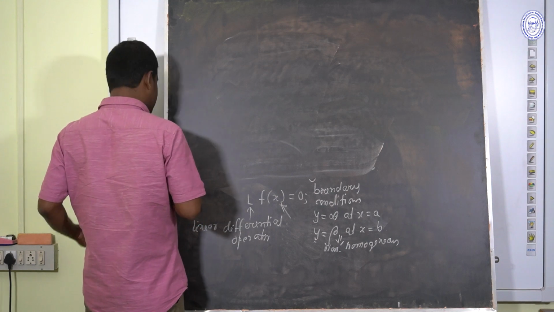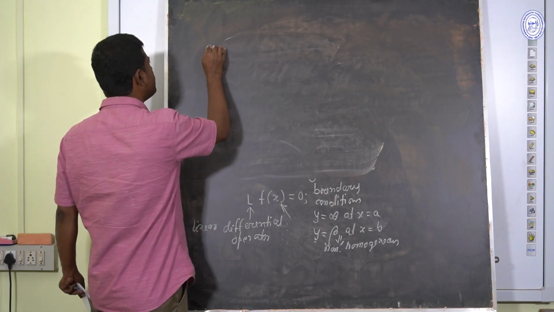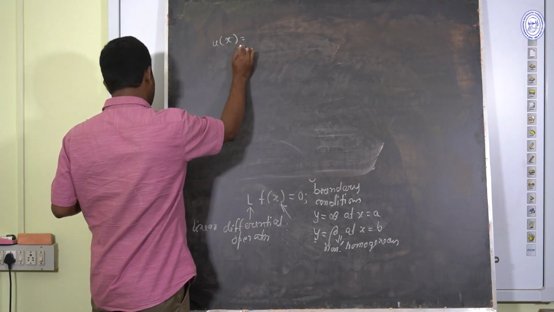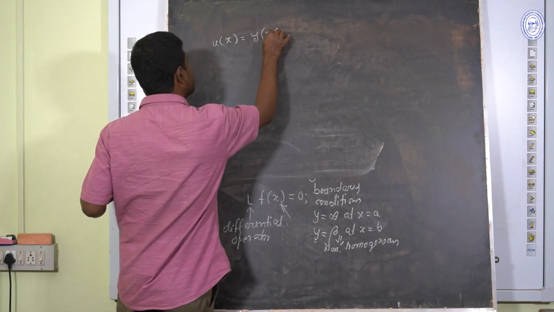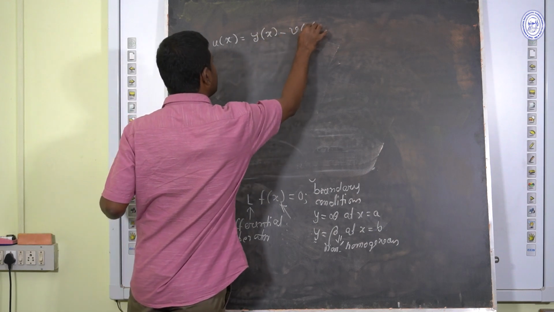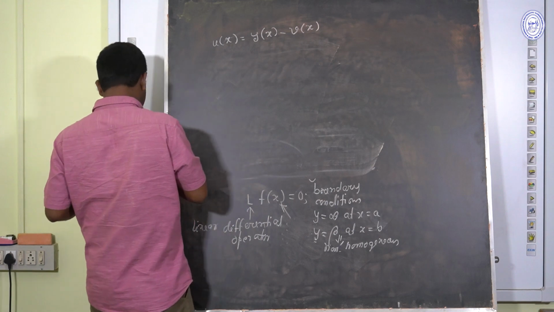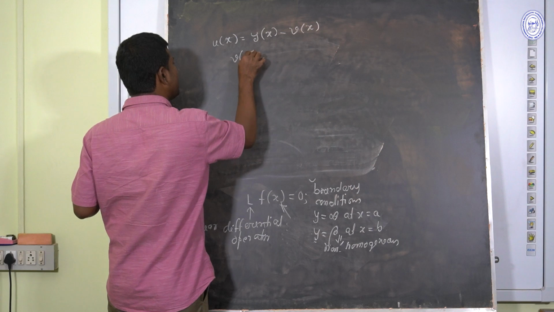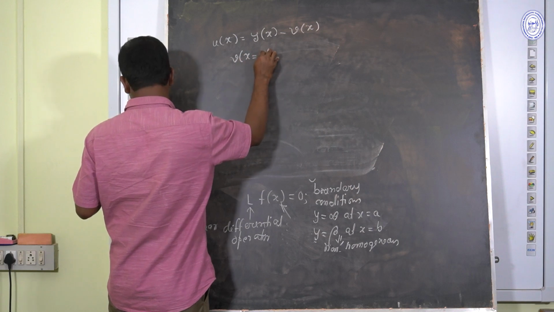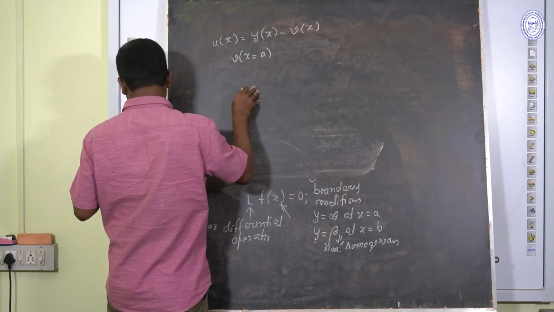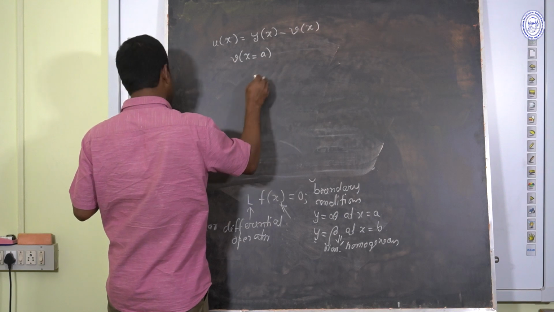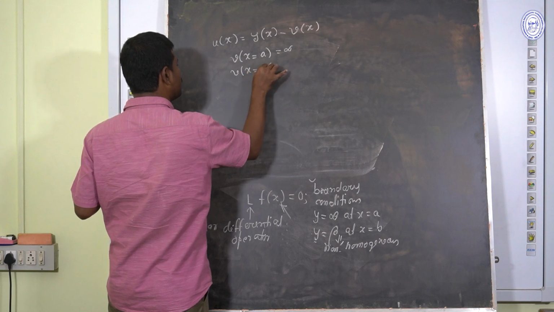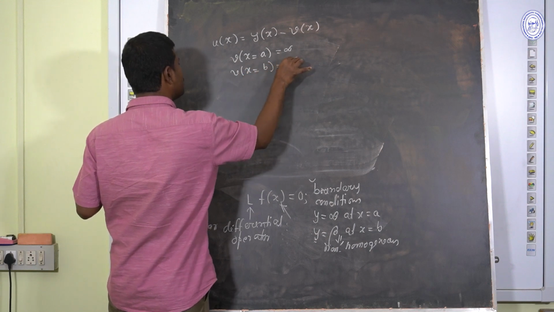For example, let us introduce a new variable u of x equal to y of x minus v of x, with the condition that v at x equal to a is alpha, and v at x equal to b is beta.